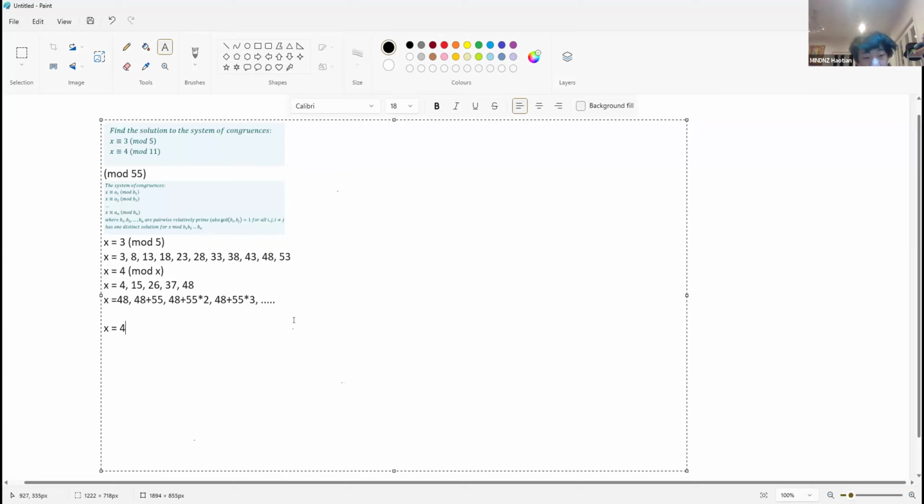So therefore, x has to have a remainder of 48 mod 55. There's one solution for x in this mod, because there's infinite solutions for x, but they all have the same remainder when divided by b1 times b2 times up to bn.